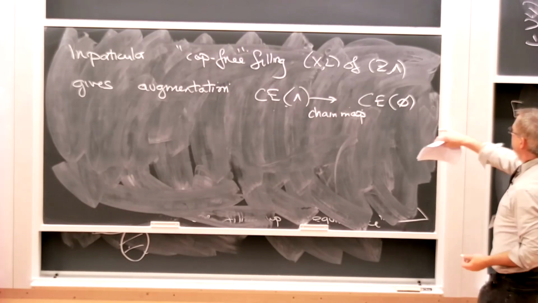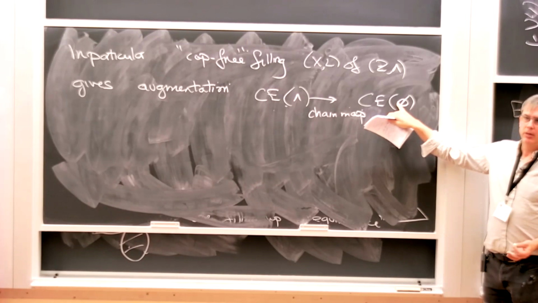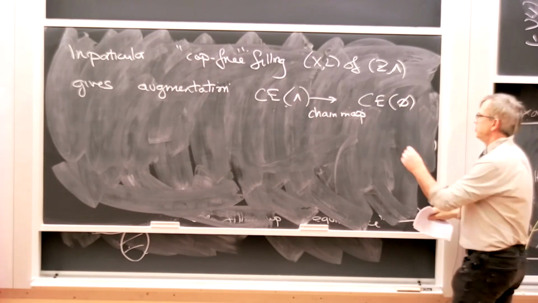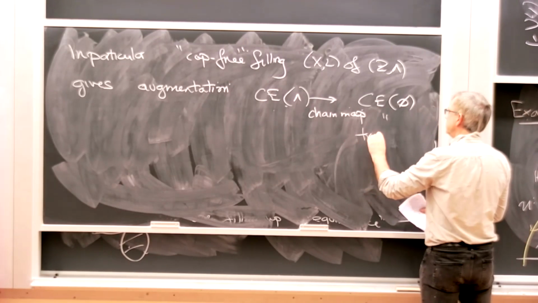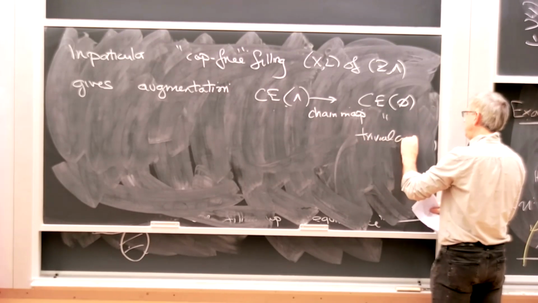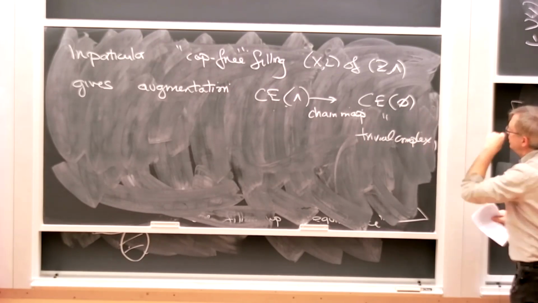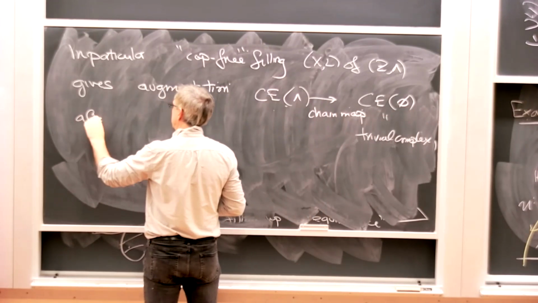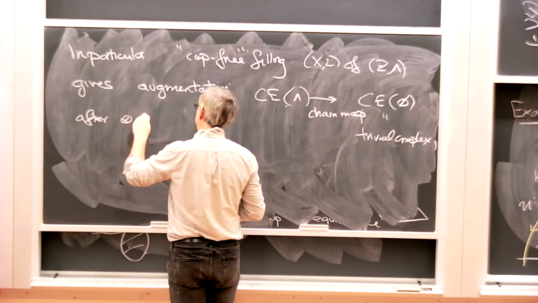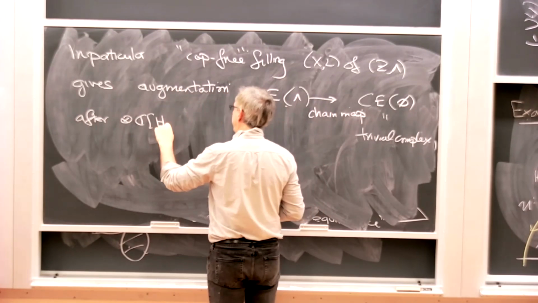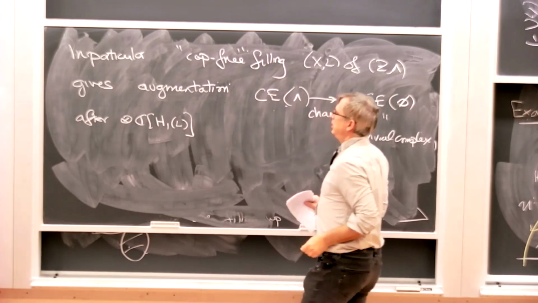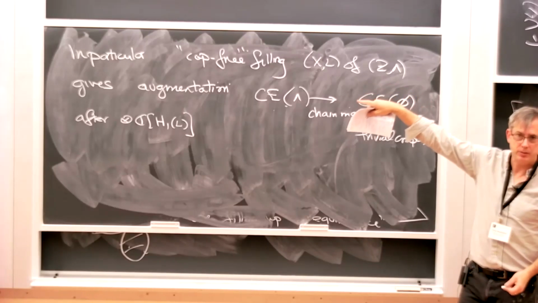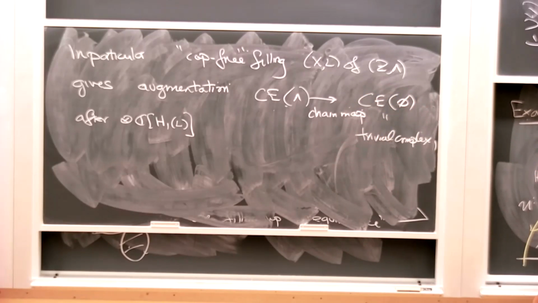And for an empty Legendrian, you only have the empty word because there are no Reeb chords. So this is just the trivial complex. Now, at least after tensoring, you have to tensor with the group ring on H1 of L because now you're going to count curves in X comma L, not in R times Z anymore.